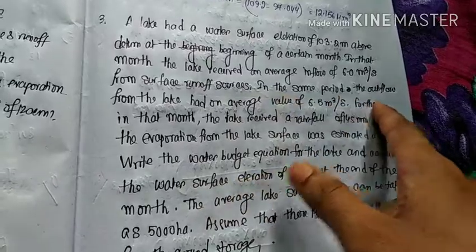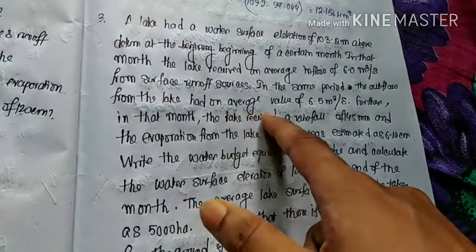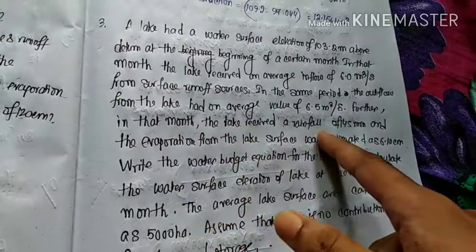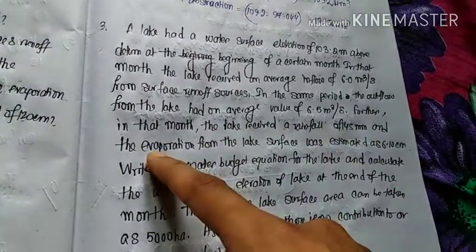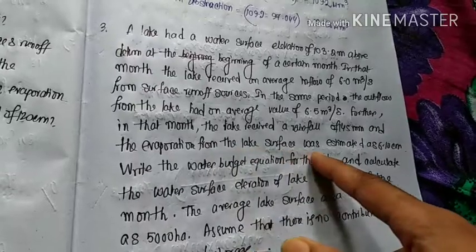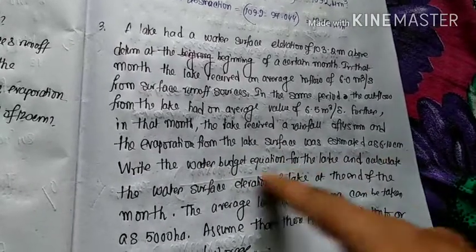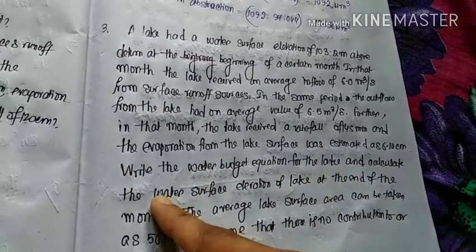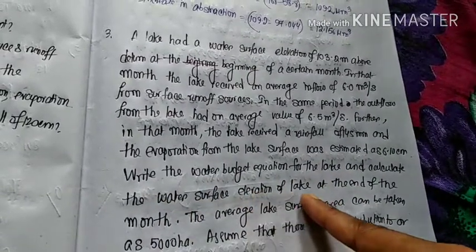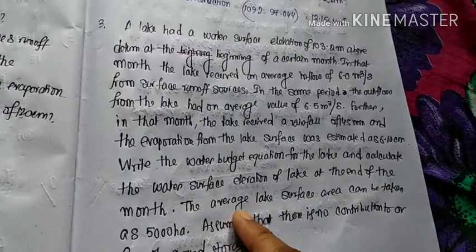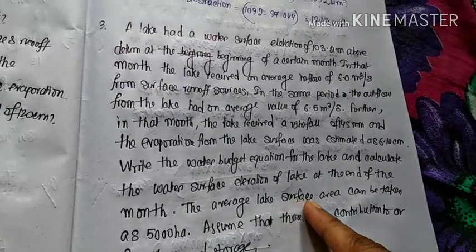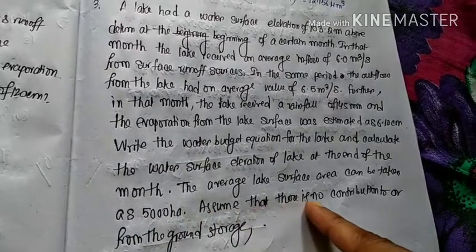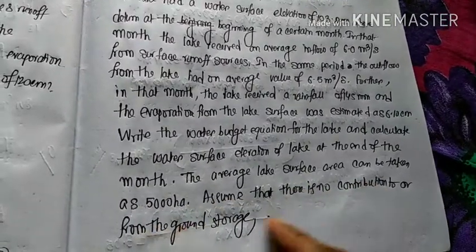In the same period, outflow from the lake is an average of this. Further, in that month, the lake receives a rainfall of 140 millimeter, and the evaporation of the lake is estimated as 6.10 centimeter. Write the water budget equation for the lake and calculate the water surface elevation of the lake at end of the month. The average lake surface area can be taken as 5,000 hectare. Assume that there is no contribution to or from the ground storage.